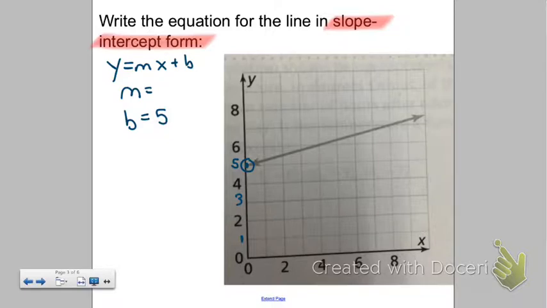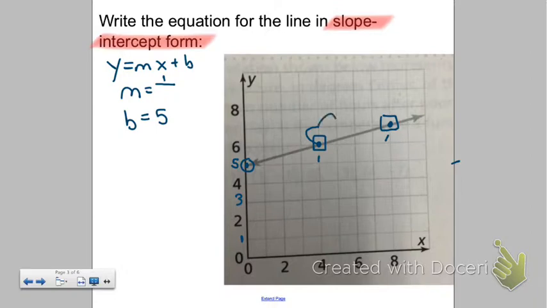Now, to find my slope, I have to find at least one other point to use. I have a point here, and I have another point here. I can use a combination of any of these 3 points. I'm going to use this point and this point. To get from this left point to this right point, I have to go up one space. Each space is represented by 1, so that would be my rise, 1.